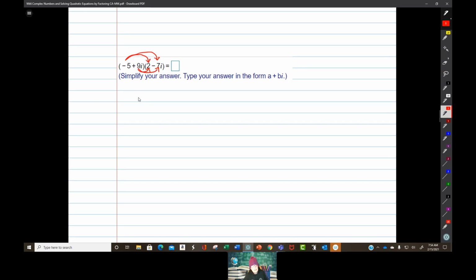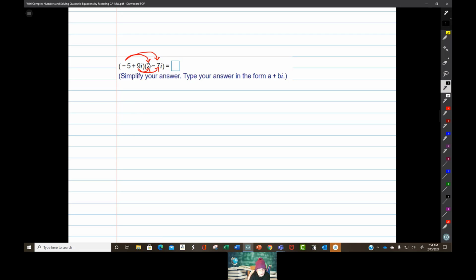So we have some negatives in there. That always makes it a little bit more interesting. Oops, I didn't use blue. I always use blue, but I'm not going to do it now.